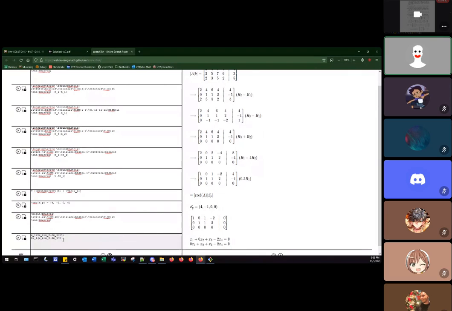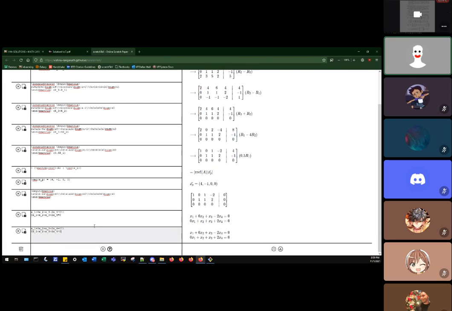you want to write this equation from the system of equations, from this matrix equation. This should be a system of equations right here. But then you solve this in terms of the free variables.